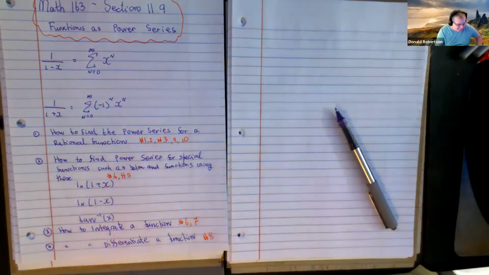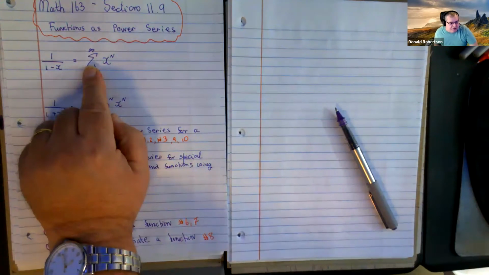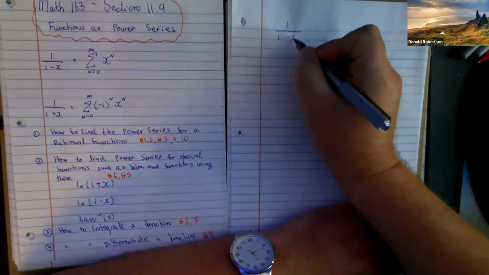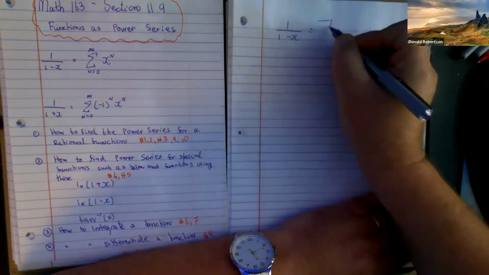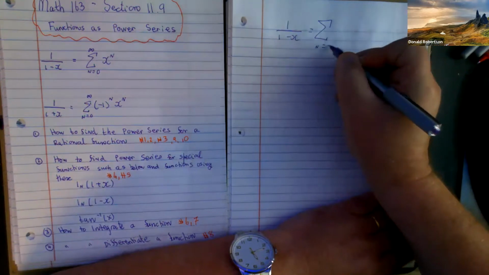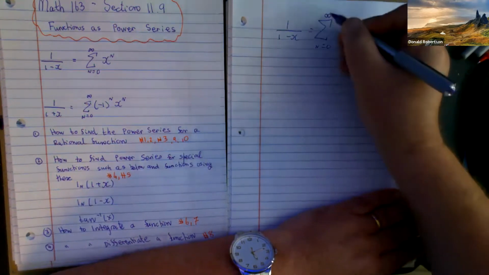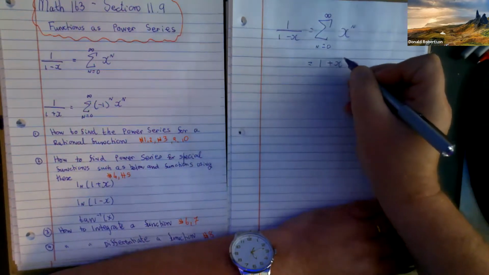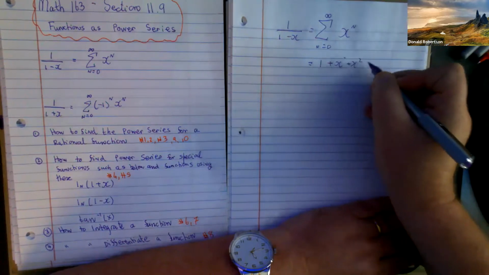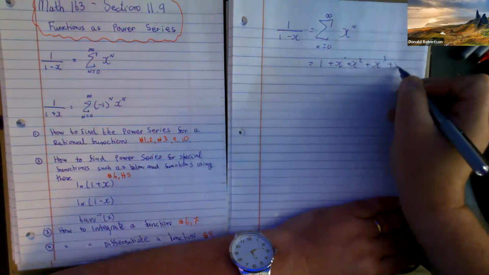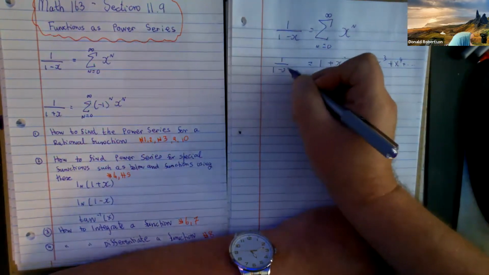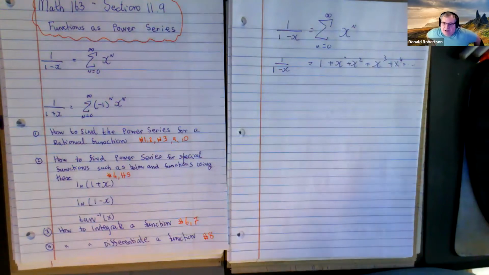Okay, so here is a power series. And I am telling you that this fraction, this rational function, is equal to the power series, n equals 0 to infinity, x to the n. I am telling you that infinite polynomial here is the same as the fraction 1 over 1 minus x.